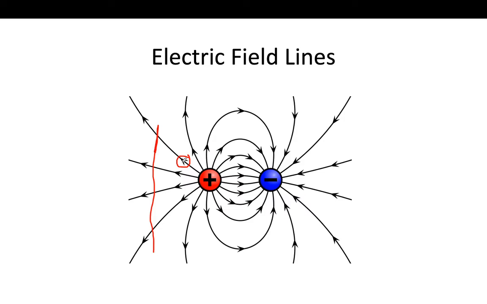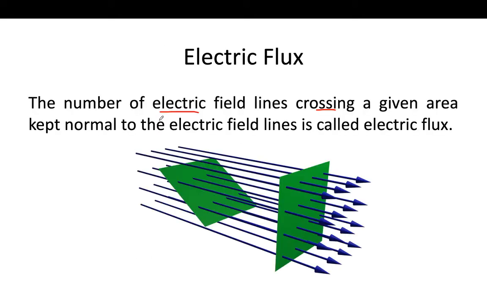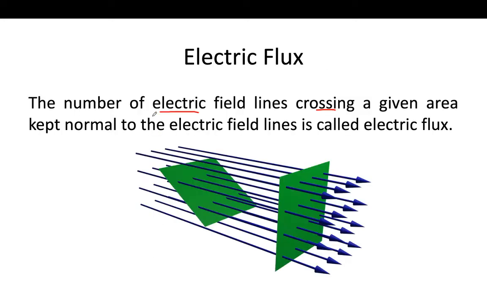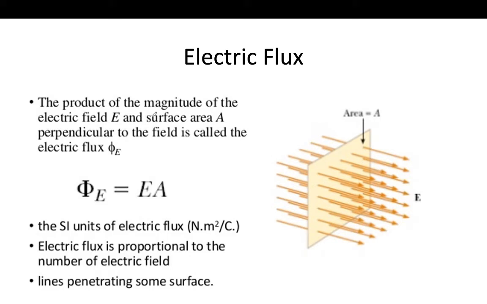These are the electric field lines, and they are crossing through this surface. So how many are crossing? This is crossing this surface, second, third, and fourth. So this is the electric flux in simple words, because it is the number of electric field lines crossing a given area. This is the given area, this red one, and these are the electric field lines crossing through it. It is directly proportional to the number of electric field lines, so it can be measured by EA.